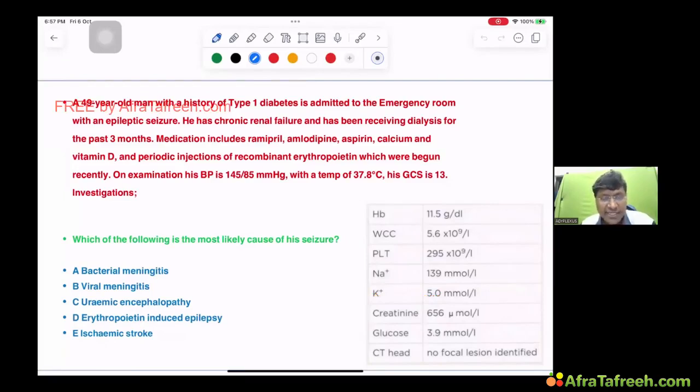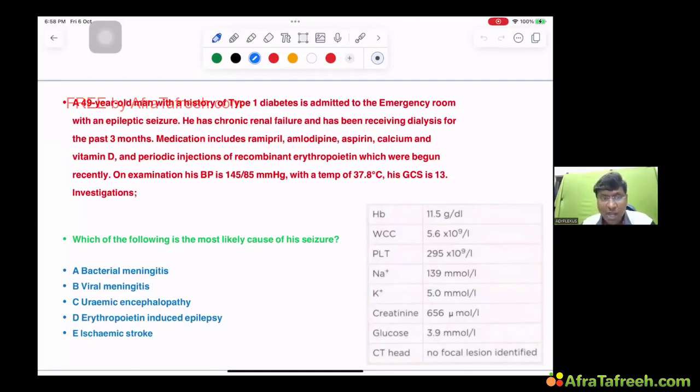But when you use the word encephalopathy, what will be the early manifestation? The early manifestation in encephalopathy will be altered sensorium, which is not given in this patient, so uremic encephalopathy is unlikely. The answer here is erythropoietin-induced epilepsy. It's one of the rare complications associated with erythropoietin.